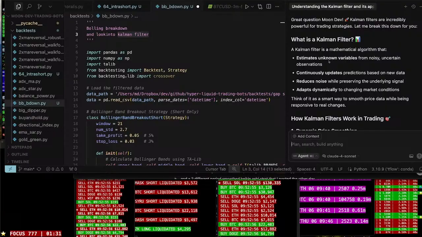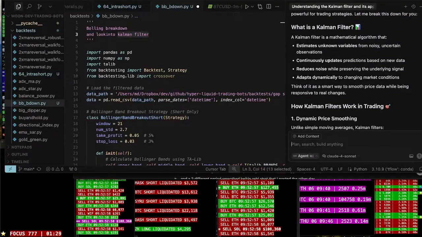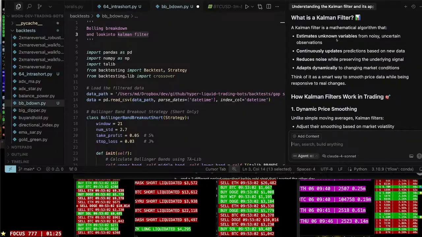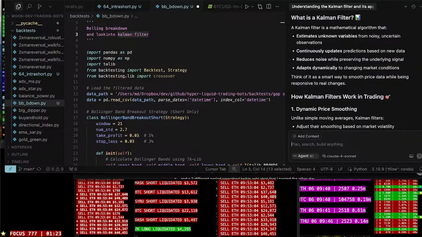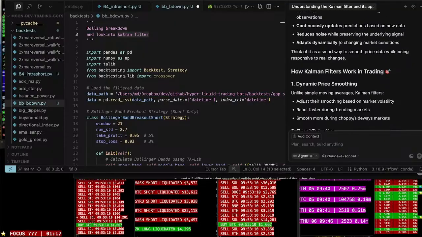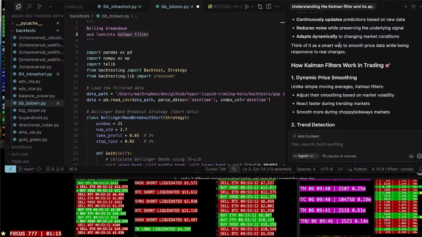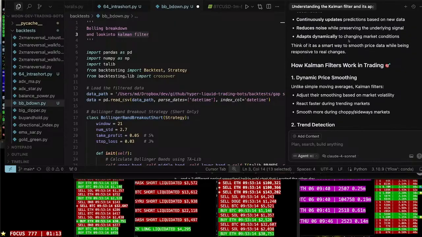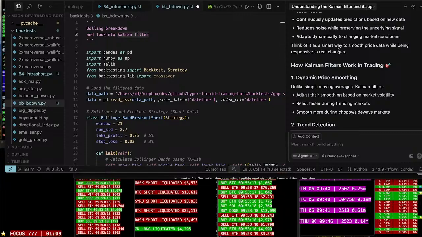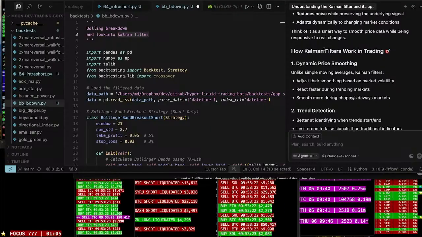What is a Kalman filter? A Kalman filter is a mathematical algorithm that estimates unknown variables from noisy, uncertain observations, continuously updates predictions based on new data, reduces noise while preserving the underlying signal, adapts dynamically to changing market conditions. Think of it as a smart way to smooth price data while being responsive to real changes.